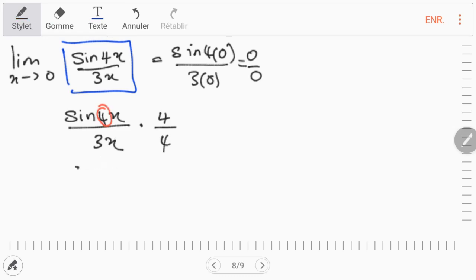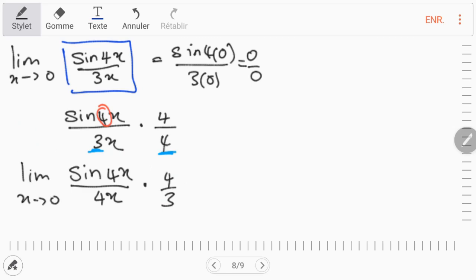Here we can proceed as sine 4x all over 4x, replacing this 3 by this 4, times 4 all over 3, which is the same as the limit as x approaches 0.